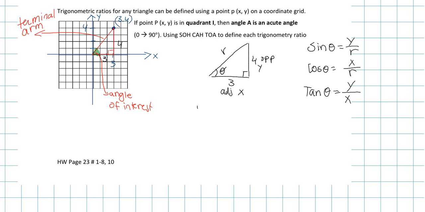So it's a squared plus b squared, or x squared plus y squared. So r squared equals 9, because 3 squared is 9, plus 16, which is 25. So r equals 5.